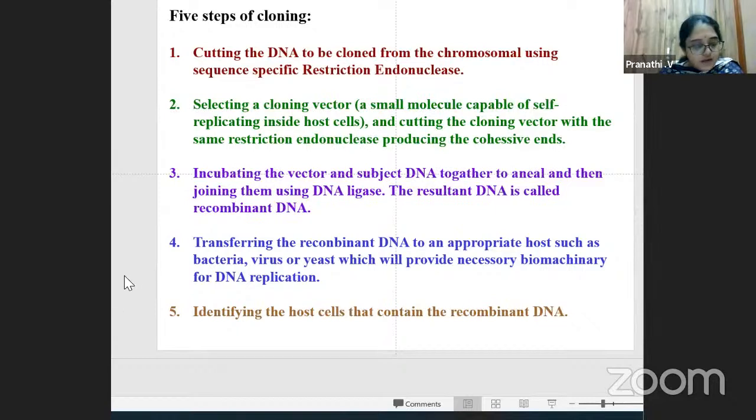The target or foreign DNA is incorporated into the vector, and then you get a recombinant DNA. Different types of vectors are also there, that is plasmids, bacteriophages, cosmids, bacterial and P1 derived artificial chromosomes, and yeast artificial chromosomes as well. We'll have a look at them.